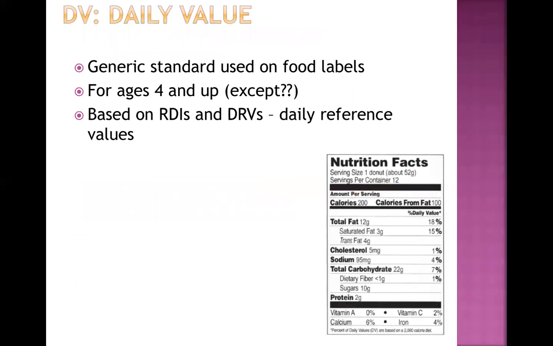Daily value. So in case you haven't heard enough abbreviations and recommendations yet, I will throw another one at you. The daily value is a generic standard used on food labels. And the reason for the daily value is that the RDAs, the AIs, the EARs, the ULs are based on specific age groups and specific genders.